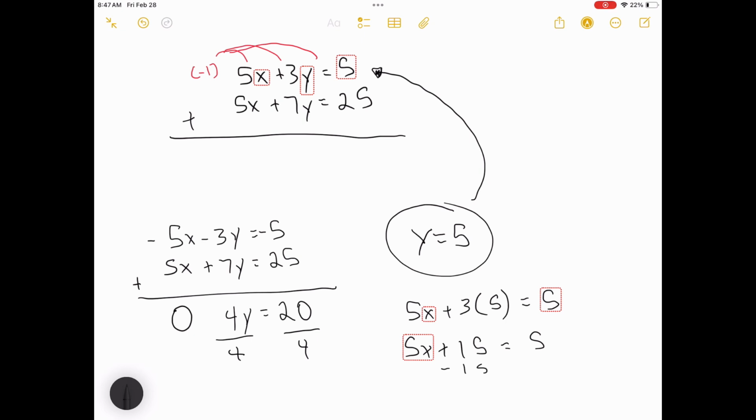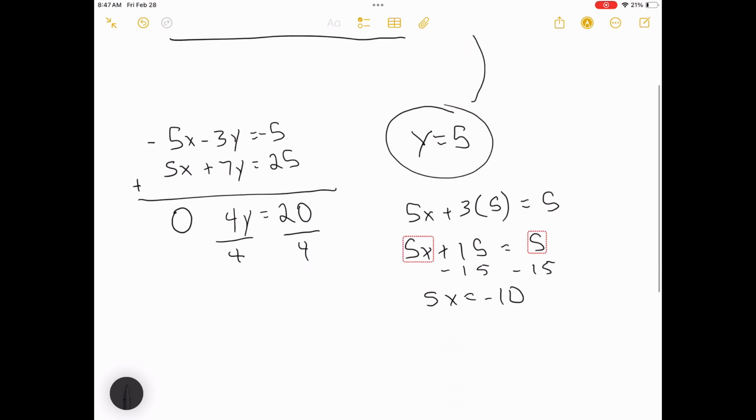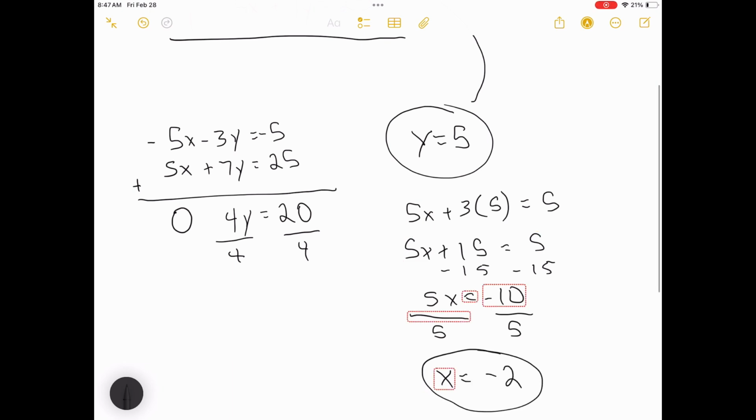Subtract 15 from both sides. 5x equals -10. Divide by 5. Divide by 5. X equals -2. But I'm not done yet because I need to put these as a coordinate, and so I'm going to do that, and my final answer is going to be a coordinate here.